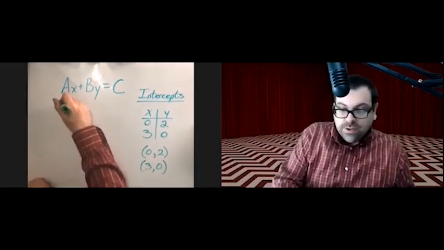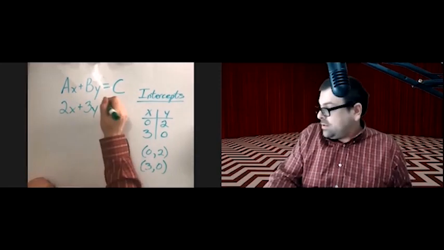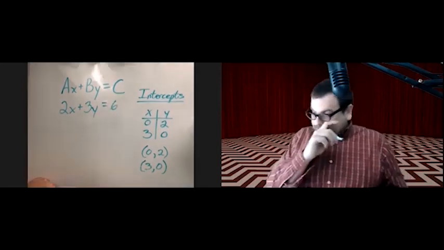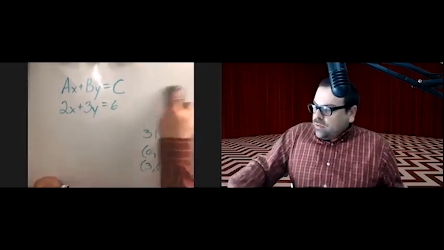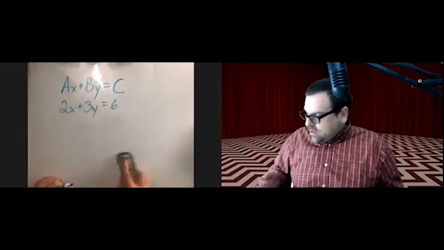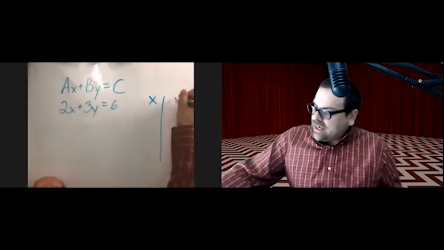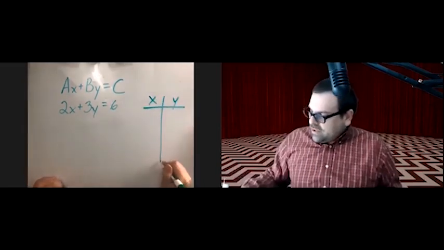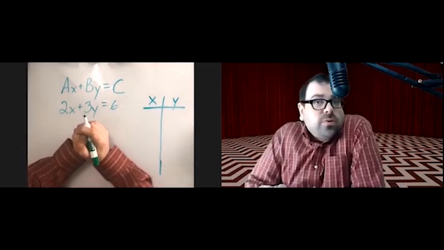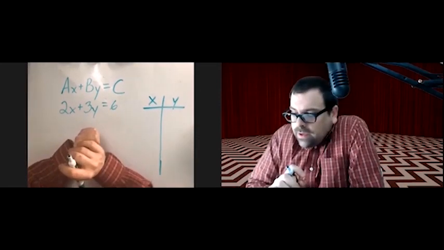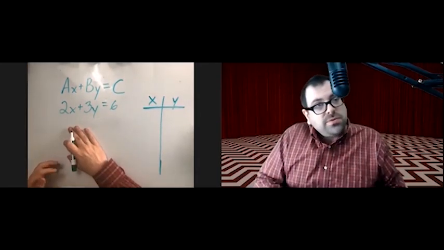So again, 2x plus 3y equals 6. Instead of using the intercepts, we can just make a regular old XY table that's not limited to just 0 for the X and 0 for the Y. And in order to do this, we should solve for one of these variables.